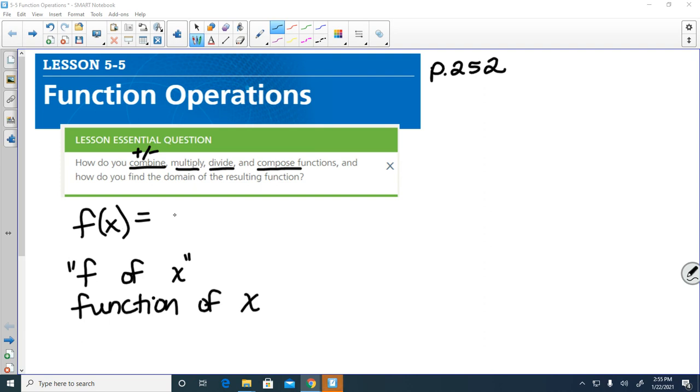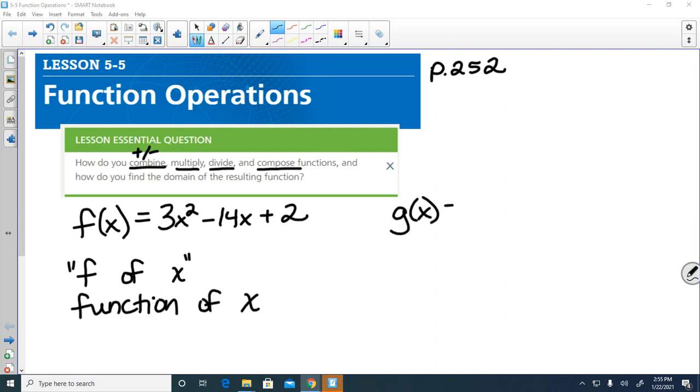So let me give you a formula, like 3x squared minus 14x plus 2. What f of x means is that it's just the name. We're going to call this function f, but the variable that you will see is x. So f is a function in terms of x, and the formula is written with x's, not another letter.